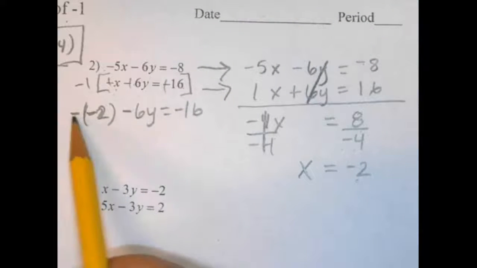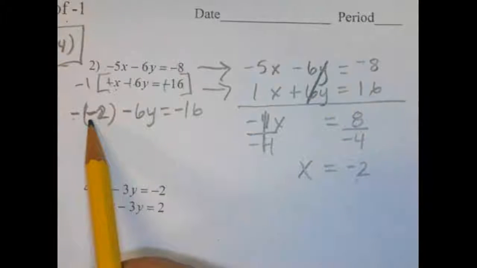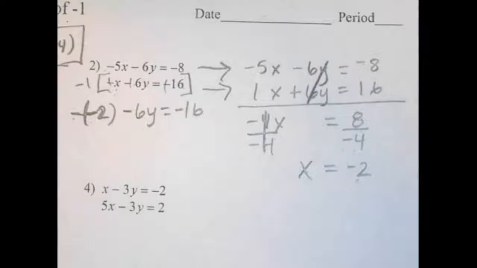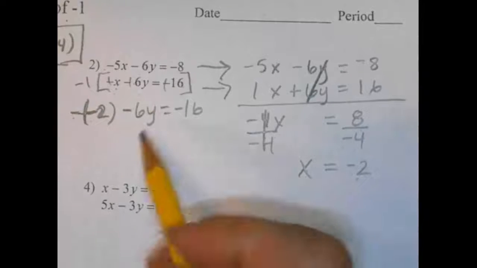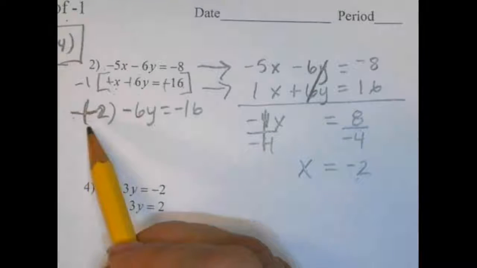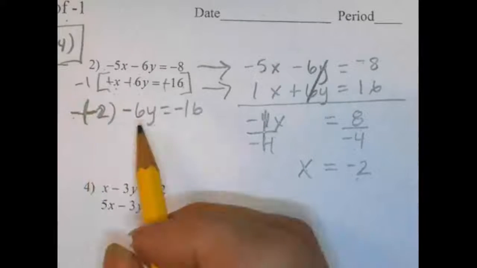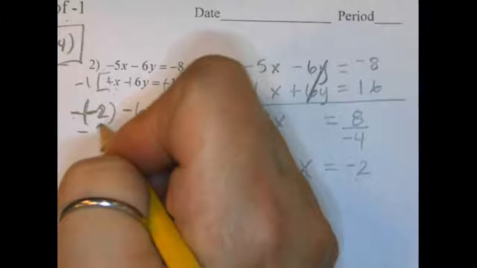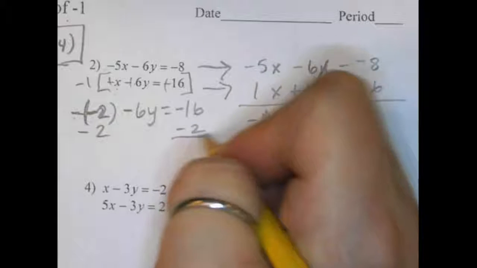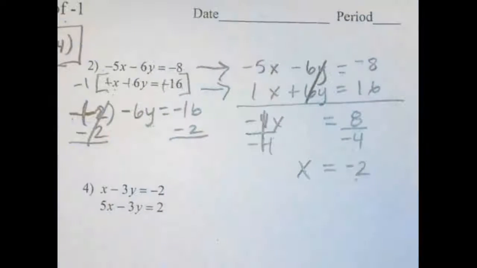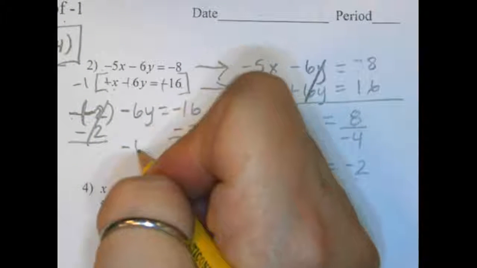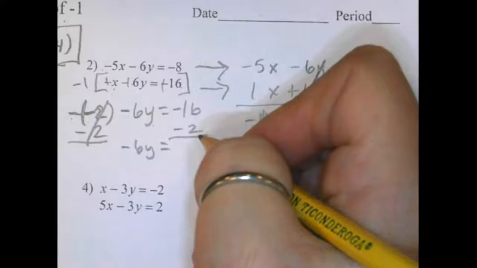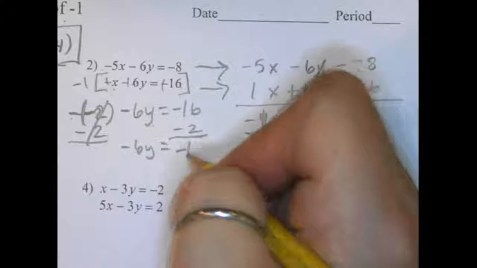What happens when I subtract a negative? So now this is plus 2, right? Now I want to solve for y, so I want to move this plus 2. How do I move the plus 2? If I add it, I end up with 4, so I'm going to go ahead and subtract it. That becomes 0. And now I have a negative 6y is equal to a bigger negative, right? 16 plus 2 is negative 18.